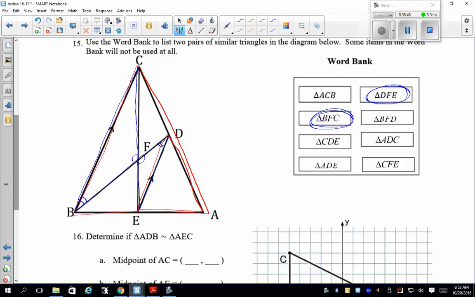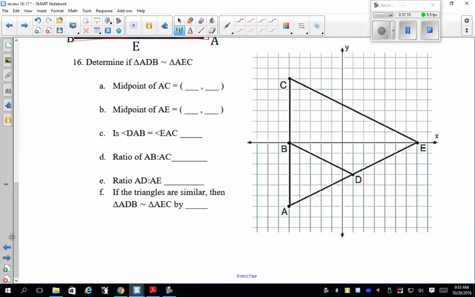Okay, so they share an angle here on the side, and then they're going to have corresponding angles in the corner. So the red triangles are the second pair, and that's going to be ADE is similar to ACB, excuse me. These are similar triangles.